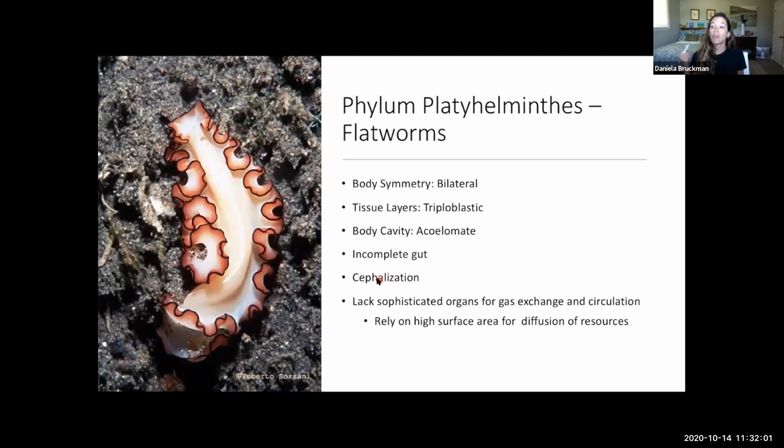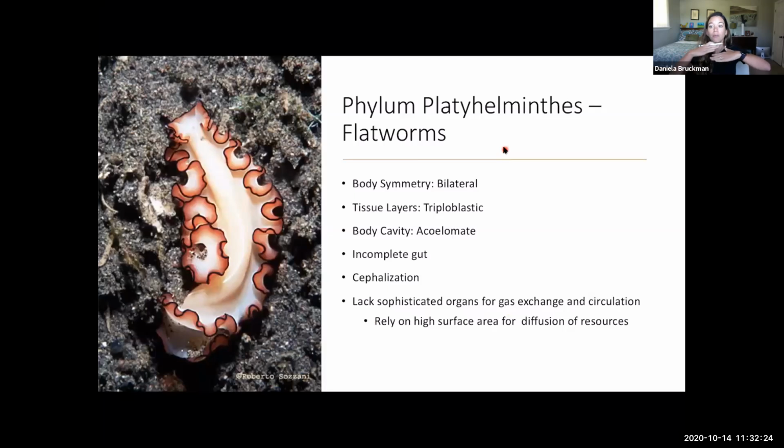Now, they are very simple animals, so they lack sophisticated organ systems for gas exchange, for circulation, even for reproduction. So they rely on high surface area to volume ratios for efficient diffusion of resources. Hence, the flatworm thing, okay?